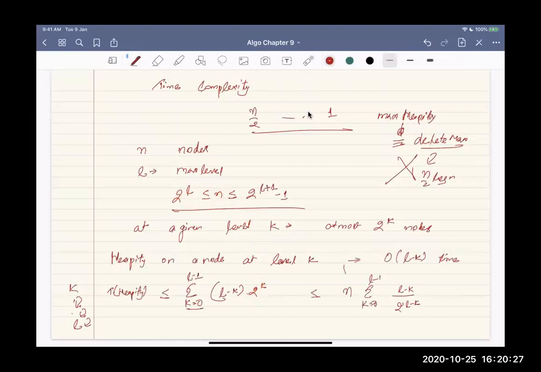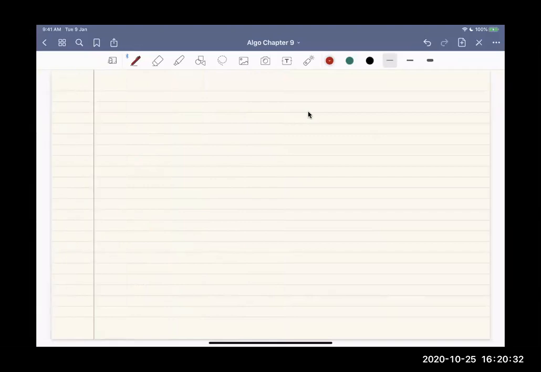Let's take this quantity: n times sigma k equal to 0 to L minus 1 of (L minus k) divided by 2 to the power L minus k. Now k goes from 0 to L minus 1, right?